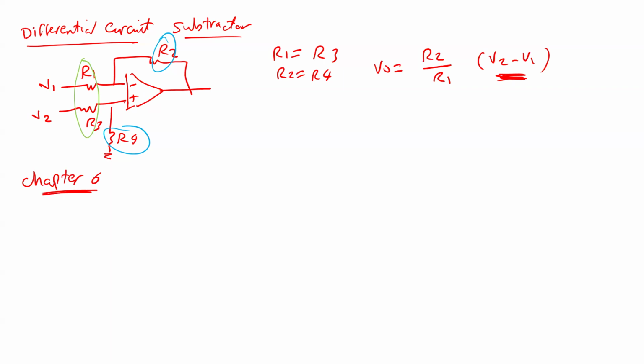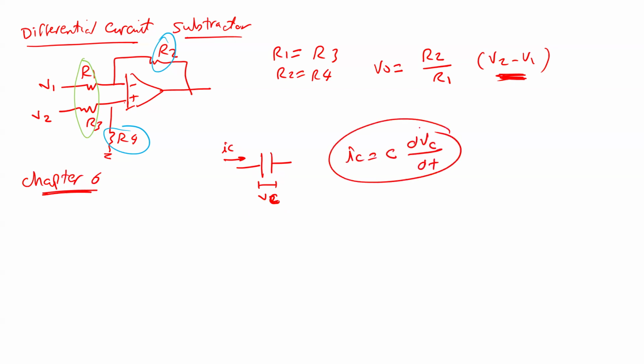The main point is that when I explained the capacitor, we found the relation between IC and VC. What is the relation between current and voltage here? We found the relation is IC equals C dVC by dt.